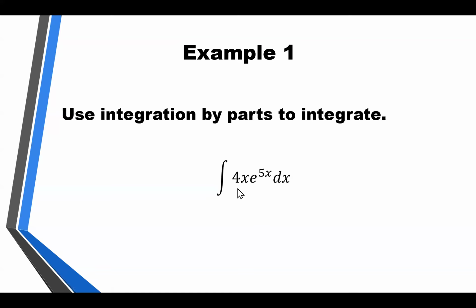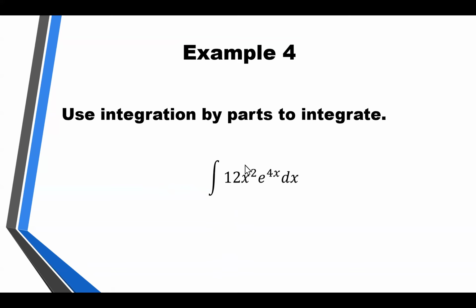Now, in our first three examples that we did, we had a linear polynomial times an exponential, a linear polynomial times a trig, and another linear polynomial times a trig function. So in all three of those examples, our polynomial has always been linear.